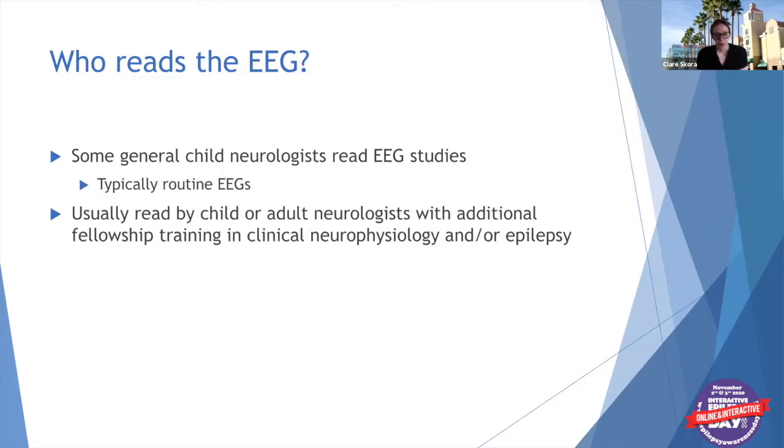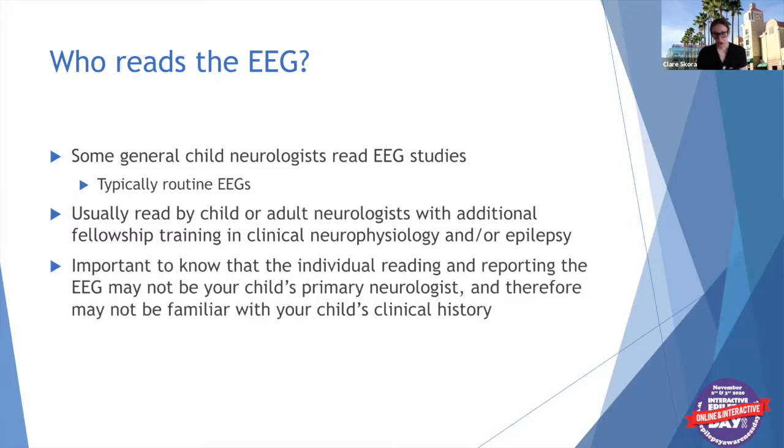People who have that additional training can interpret complicated EEG studies, ones that have associated video, and sometimes ones that go deep into the brain, intracranial EEGs, which is outside the scope of this talk because we're focusing on the newly diagnosed and how to interpret your first EEGs. But that's a sense of who interprets the study.